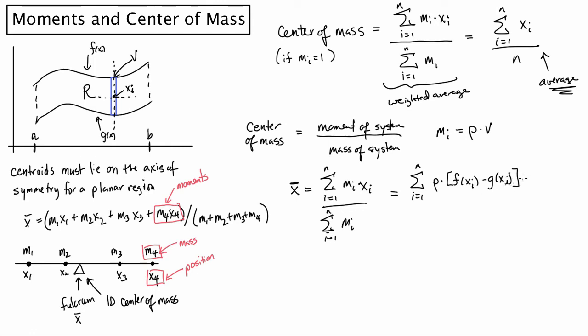And the width of that rectangle would be delta x i. And then the formula says times x i. So all of this right here is a description of the mass.